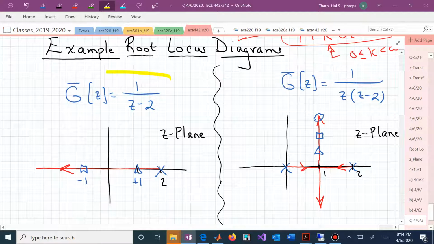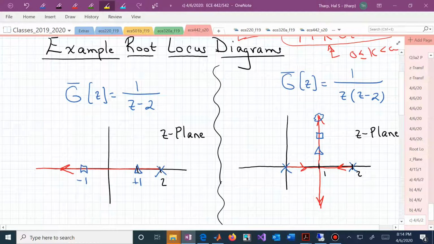This system has no finite zeros and one zero at infinity. So this root locus begins at the value of z that causes z minus 2 to equal 0, or z equal to 2, and approaches a zero at infinity as k approaches infinity.